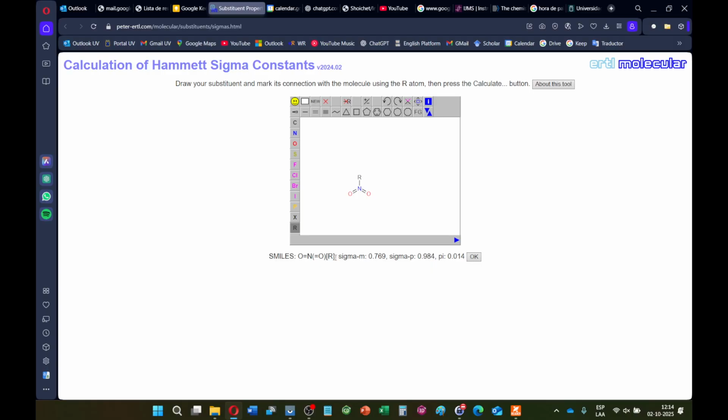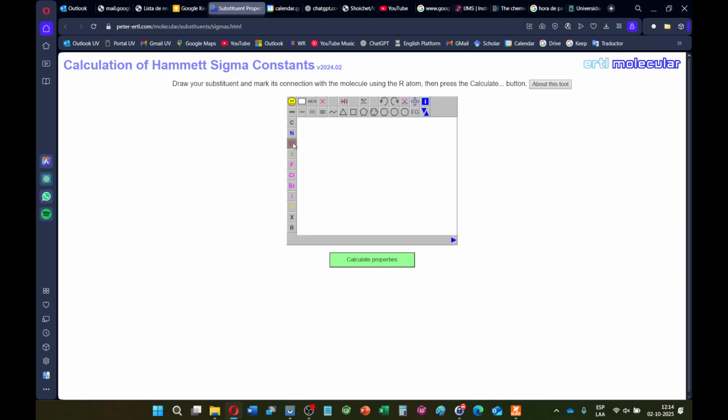Exactly, by resonance, it is a better attractor in position para than in position meta. Very well, let's calculate for the alcohol that we had just drawn. It should give negative in meta, but it gives close to 0.